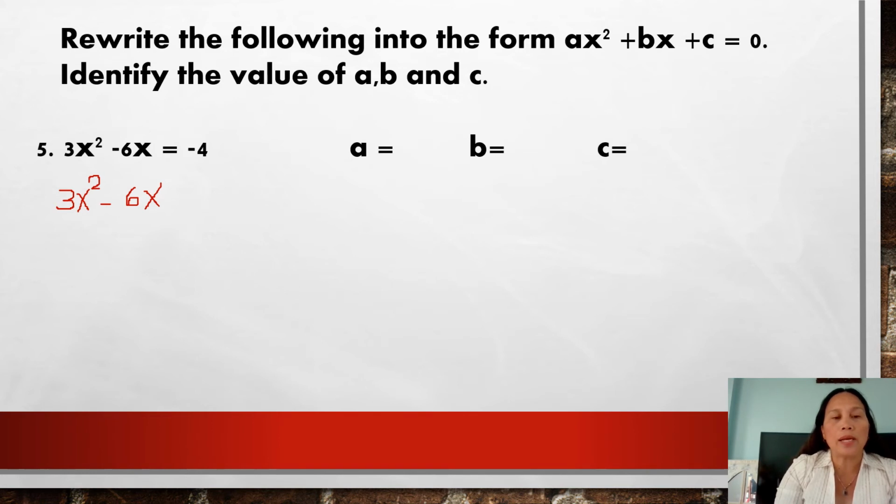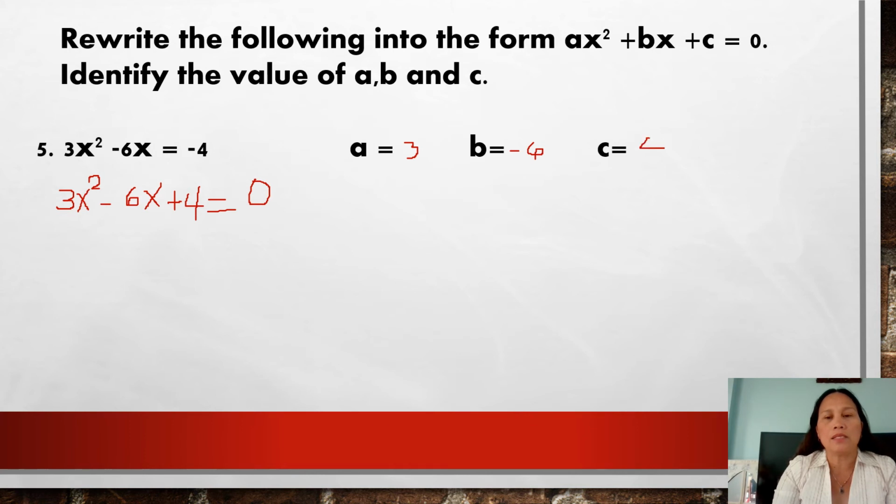Okay, so this one is just like adding 4. So add 4 here, and that on the other side becomes 0. And now A is 3, B is negative 6, and then C is 4. So, that's just how to rewrite into standard form.